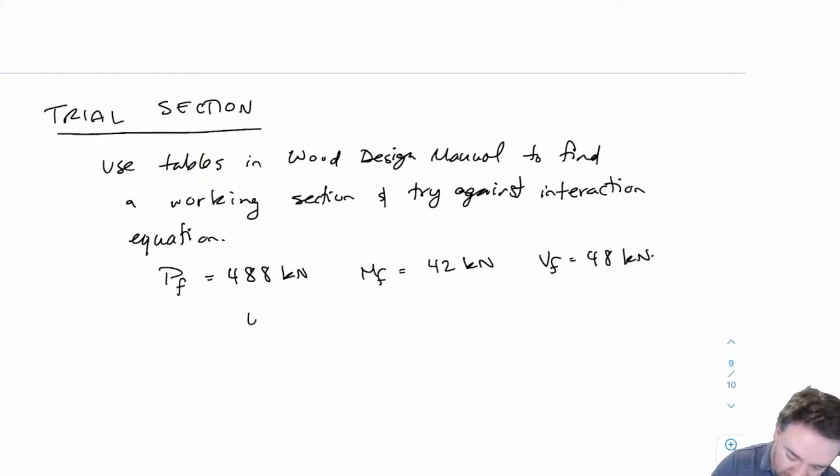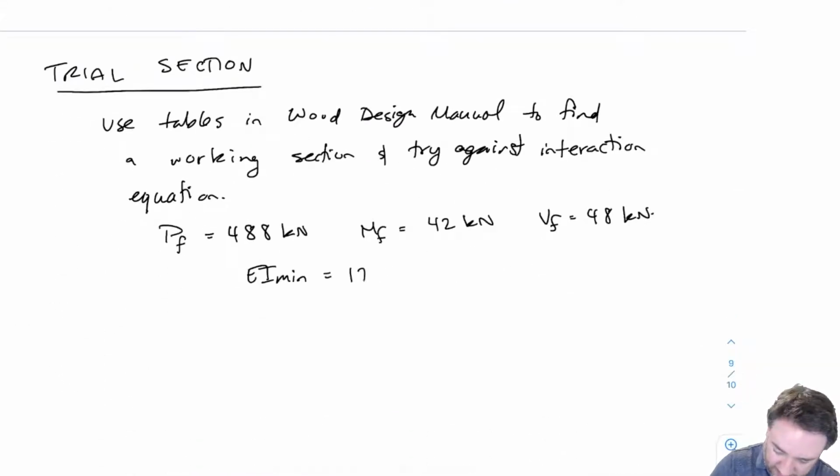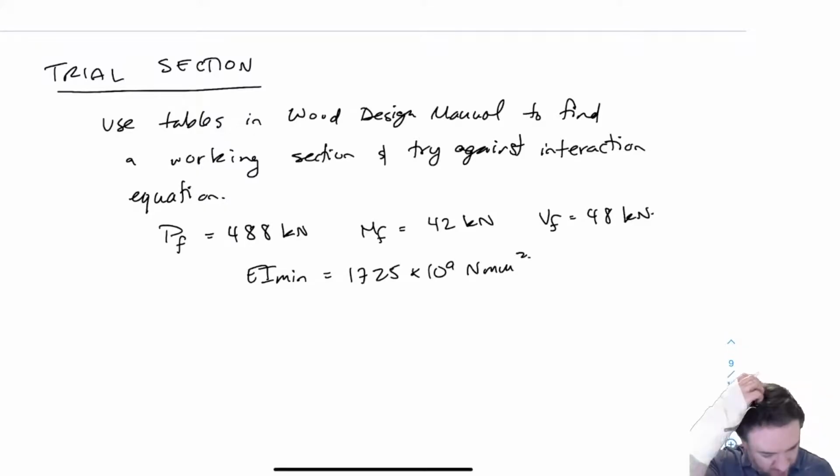And also our EI min that we just looked at is 1725 times 10 to the 9. So armed with all that, let's go to the tables and see what we can find.